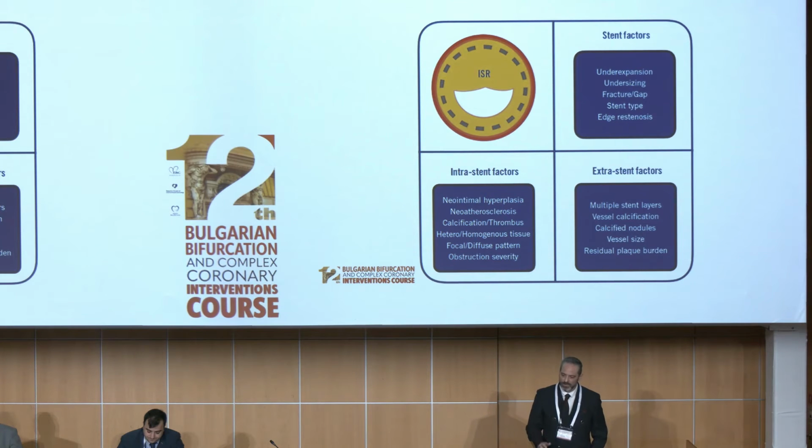I mean, in my opinion, neoatherosclerosis is another animal. Calcification, type of tissue, local or diffuse pattern, obstruction severity, whatever. And some extra-stent factors: multiple stent layers, vessel calcification, calcified nodule, vessel size, residual plaque burden.